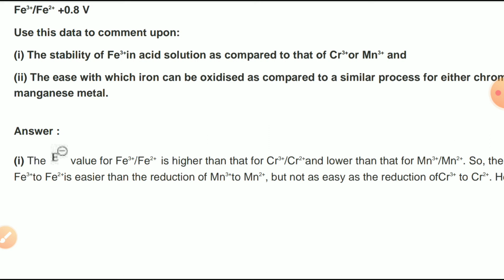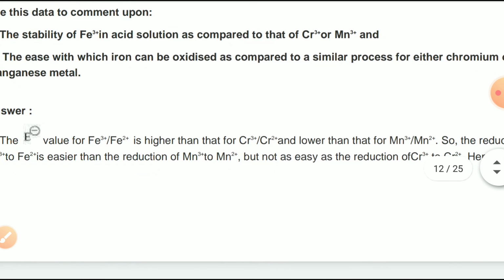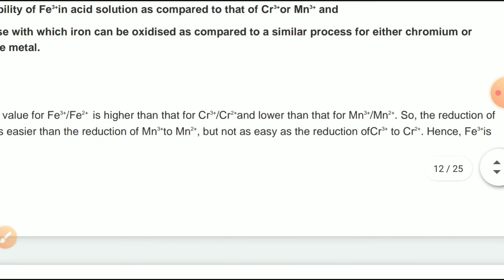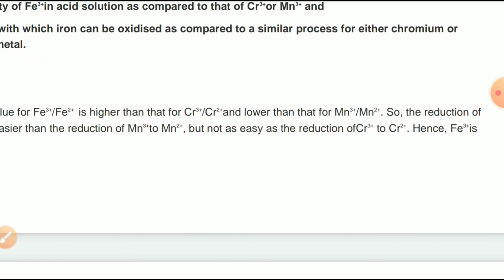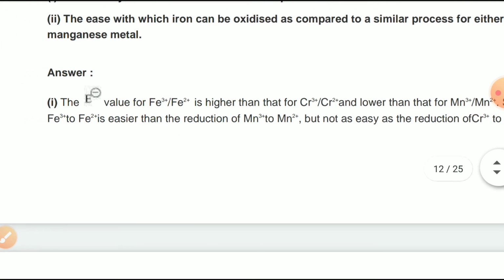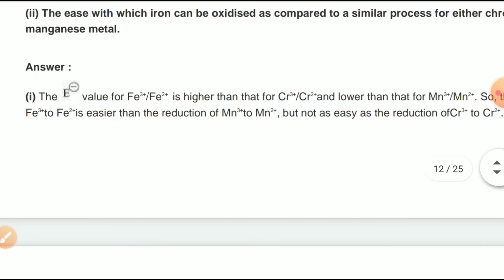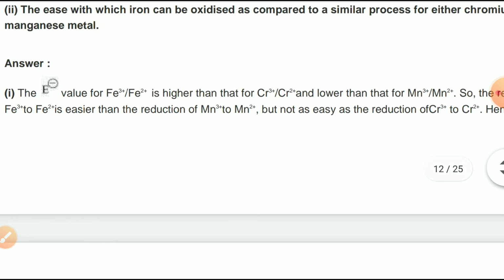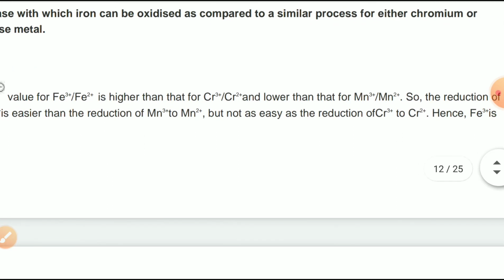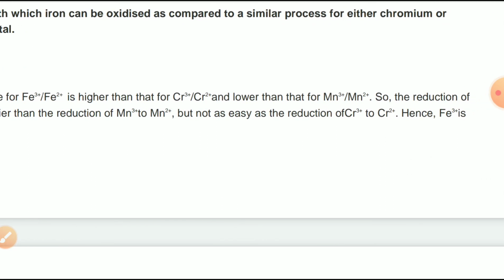The E0 value for Fe3 positive oblique Fe2 positive is higher than that of the Cr3 positive oblique Cr2 positive and lower than that of the Mn3 positive oblique Mn2 positive. So reduction of Fe3 positive to Fe2 positive is easier than the reduction of Cr3 positive, but not as easy as Mn3 positive oblique Mn2 positive.